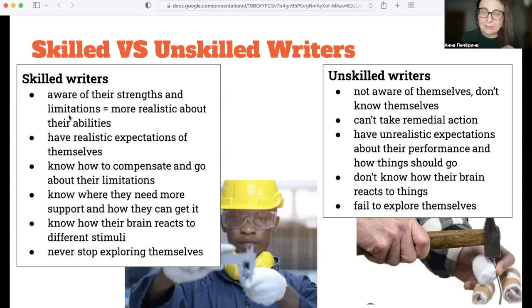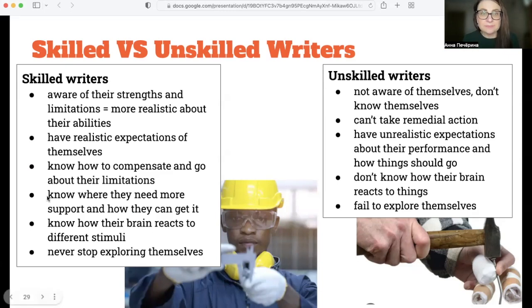And some students have other limitations. And you have to think of ways of going about those limitations, right? This is one of the goals of writing instruction. You need to help your learners to discover their strong and weak points and find some ways of compensating for their weaknesses.